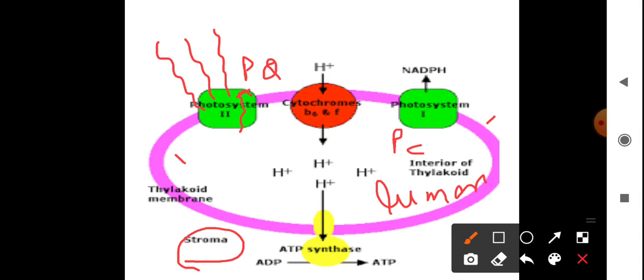plastocyanin. Now the electron which goes to the higher energy state will lose some energy to come to the lower energy level, and during this process these electrons are taken by a series of electron carriers on a downhill journey. So the primary electron acceptor is plastocyanin.